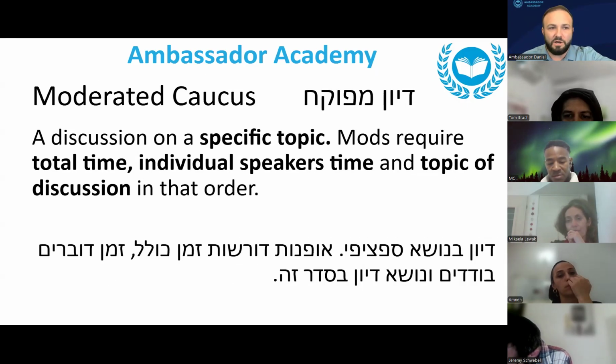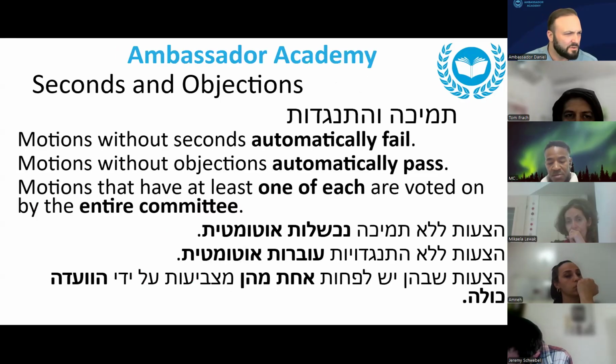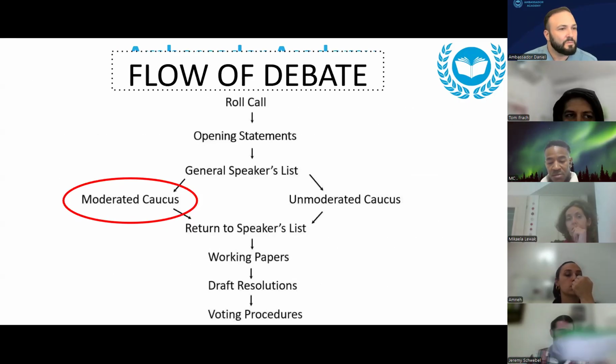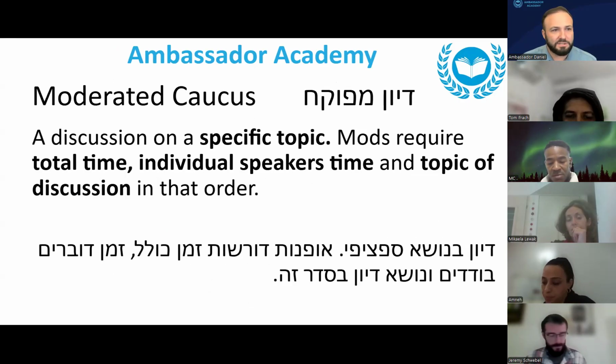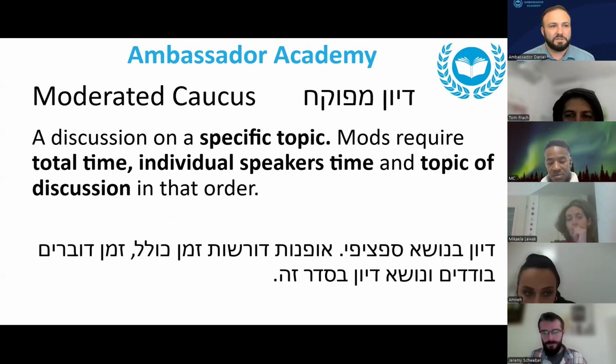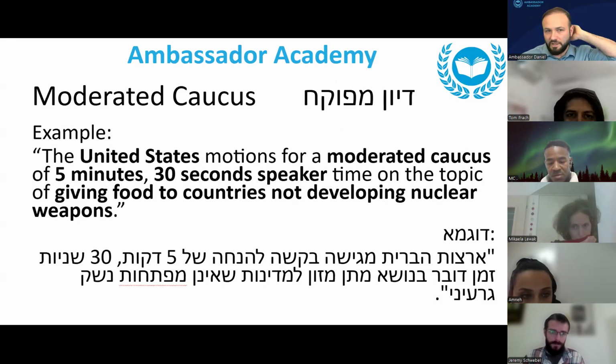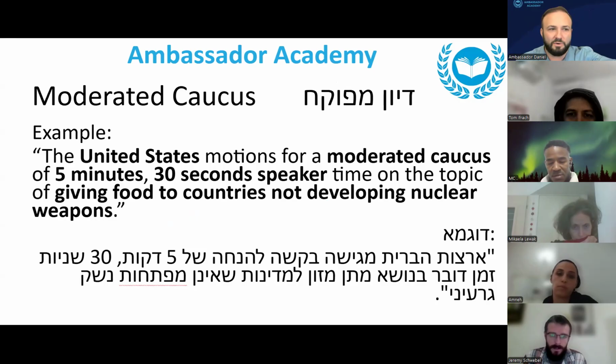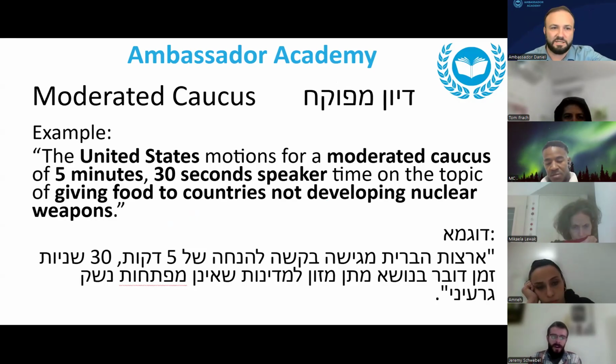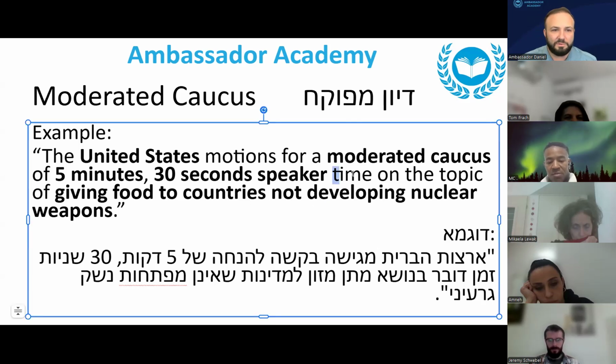Okay, moderated caucus, a discussion on a specific topic. Moderated caucuses require a total time, individual time, and topic of discussion. For example, the United States motions for a moderated caucus of 5 minutes, 30-second speaker time on the topic of giving food to countries not developing nuclear weapons.